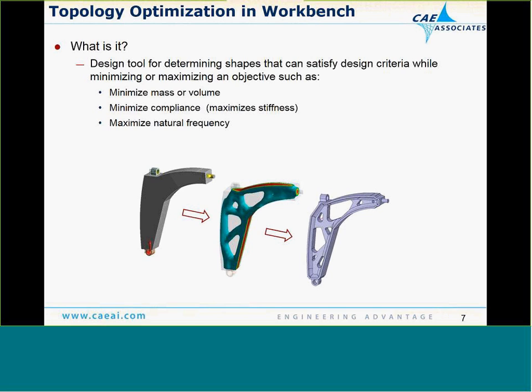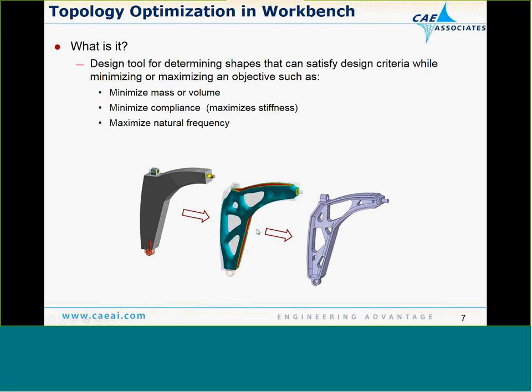Here's an example down at the bottom of a control arm structure. You start off with a block of material that has an approximate shape. You have to make it oversized to define the allowable boundaries of the part. Then you run it through the optimizer with your optimization objective and a series of design constraints.